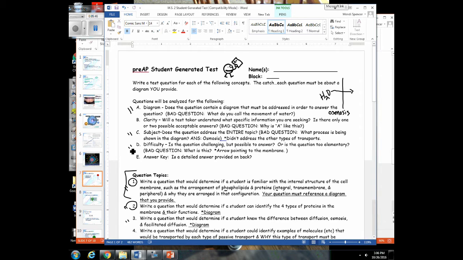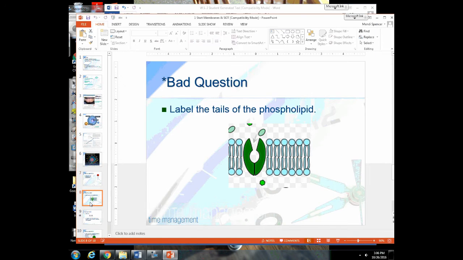D is difficulty. We want your questions to be challenging, not too challenging, but we don't want them to be elementary. Let me give you an example of an elementary question. Label the tails of the phospholipid. I could probably go to 90% of the freshmen in this building and ask what the tails of the phospholipid are, and they would point right at the tails, and they've never had this information before.